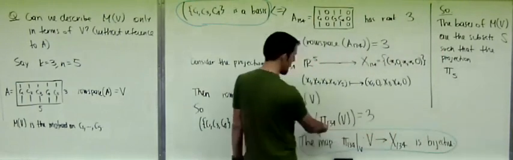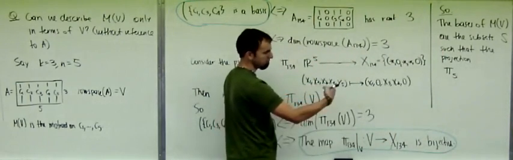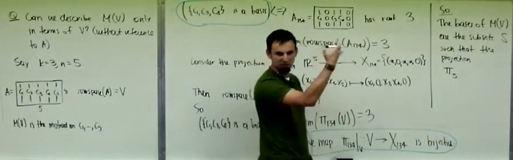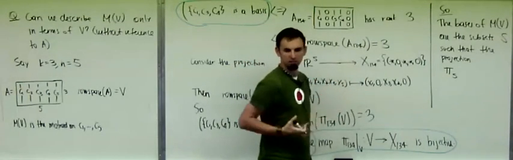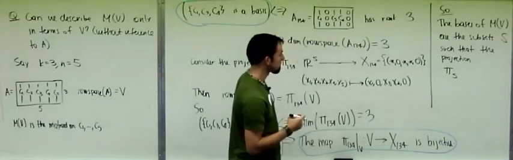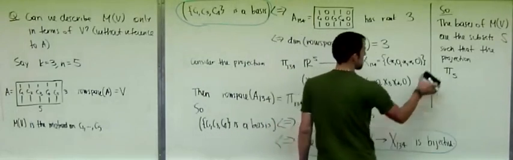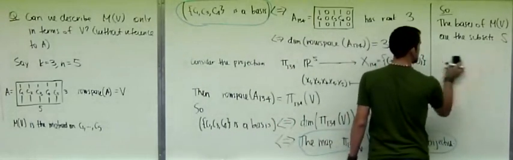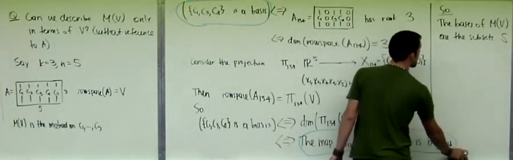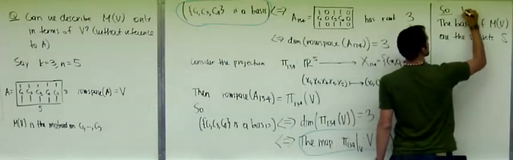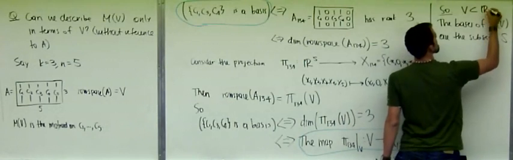I called this one pi134. Pi sub S in general will be projecting into the coordinates in S. So let's say V is a subspace of Rn.